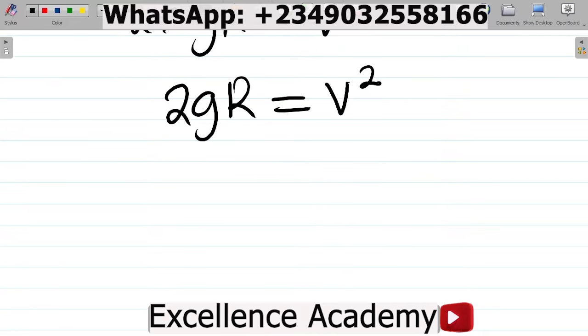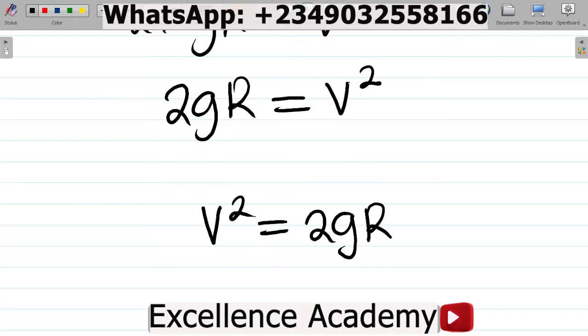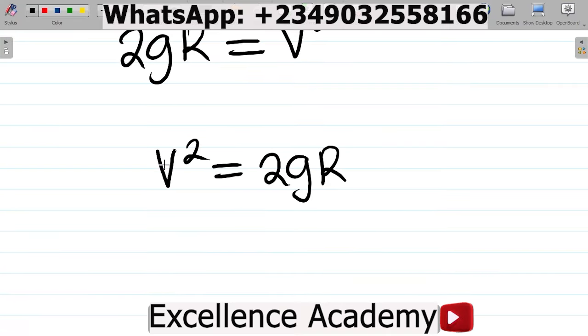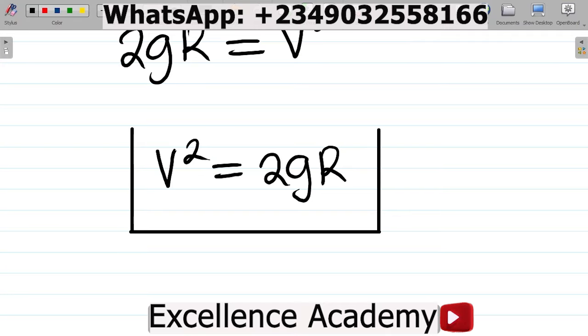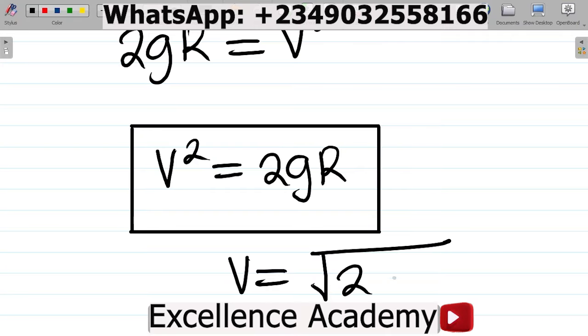If we swap these two, we'll have that v squared is equal to what there? 2gr. So we have this. So v squared equal to 2gr becomes the velocity of the body at the bottom of the hoop. All right, so here's your formula. Of course, we can get the value of v, where we can say that v is equal to the square root of 2gr.